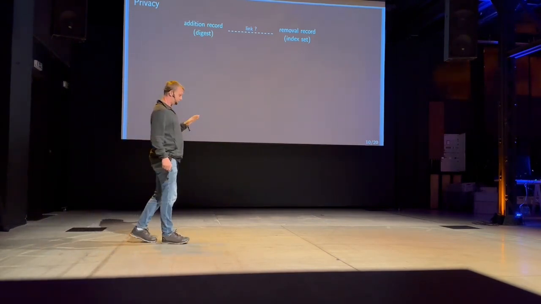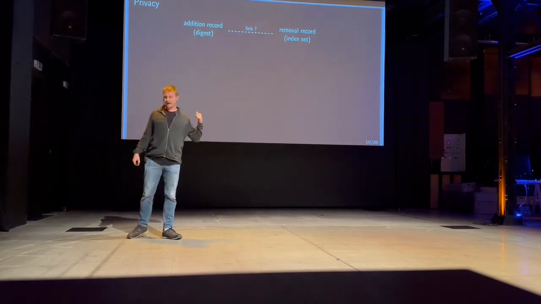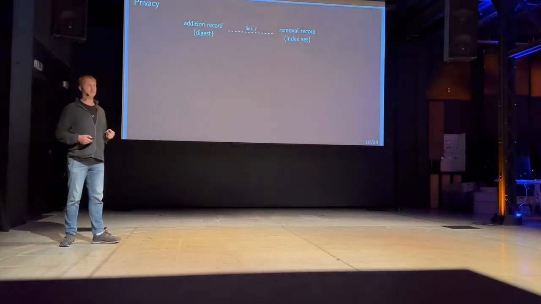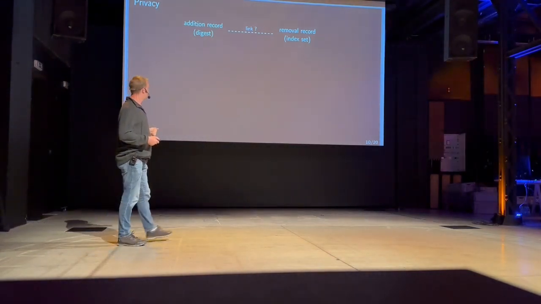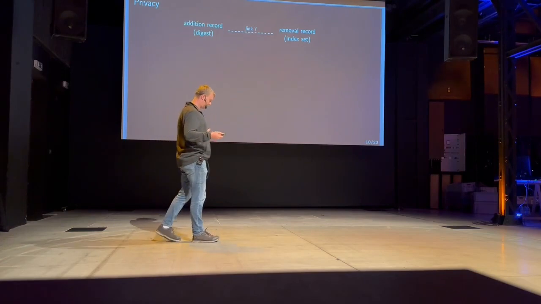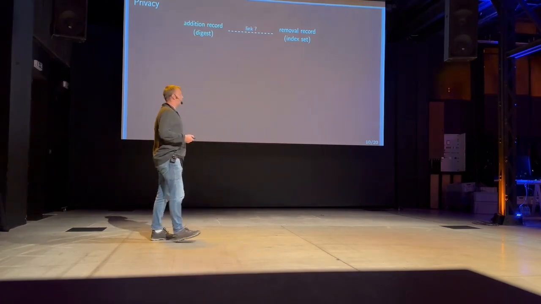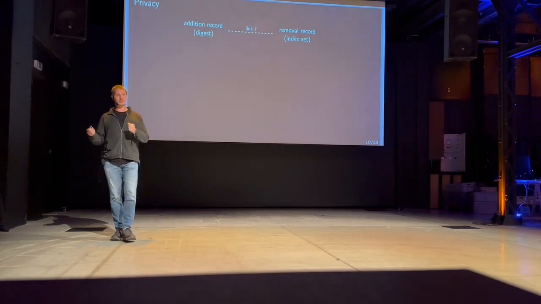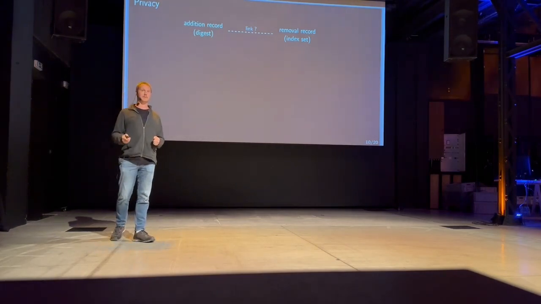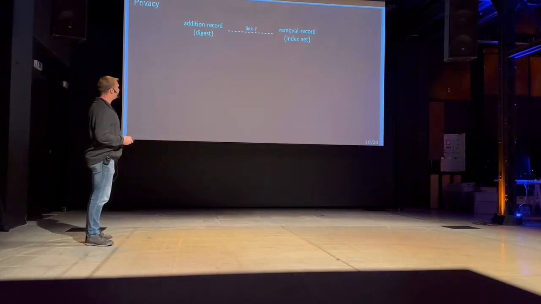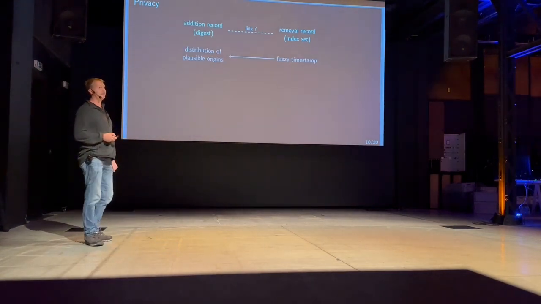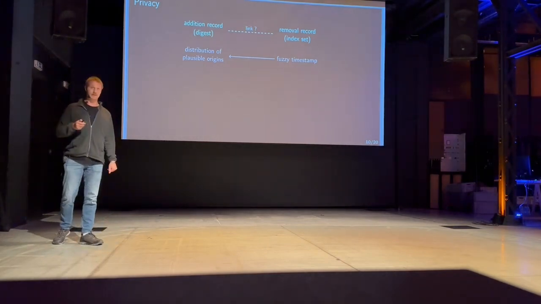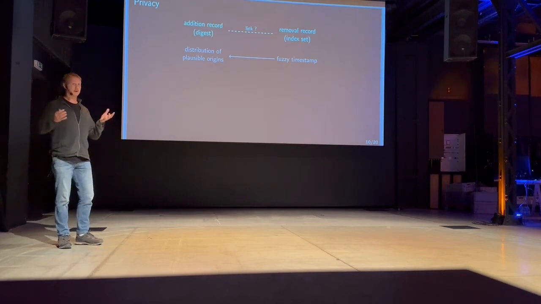For now, I want to point out that you can already analyze this construction from the point of view of security as well as from the point of view of privacy. The security I already articulated in crude terms. Here is privacy. The idea is we're not allowed to be able to link addition records to removal records. And yet, we do have this fuzzy timestamp because all of the bit indices live within a window.